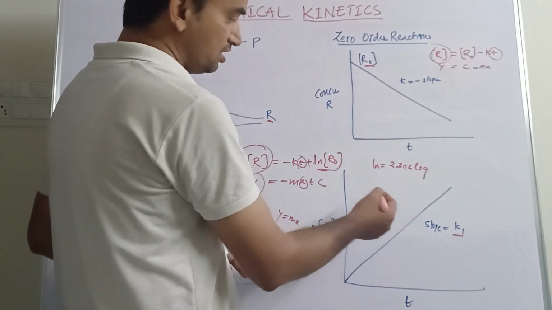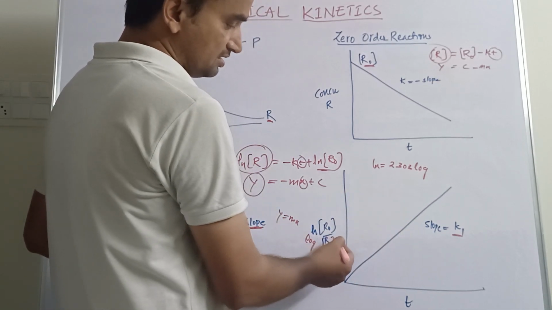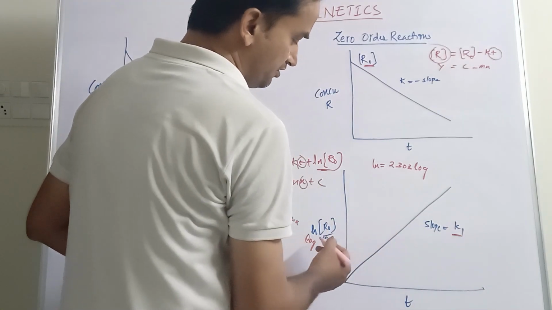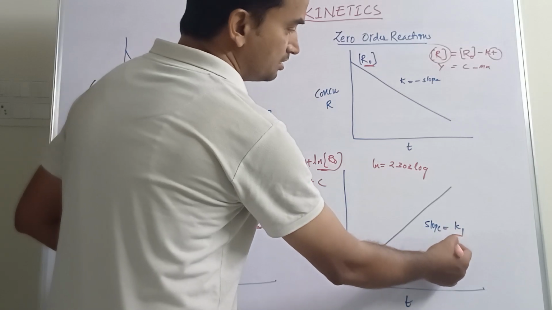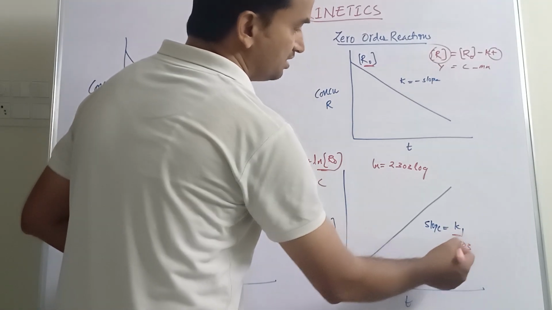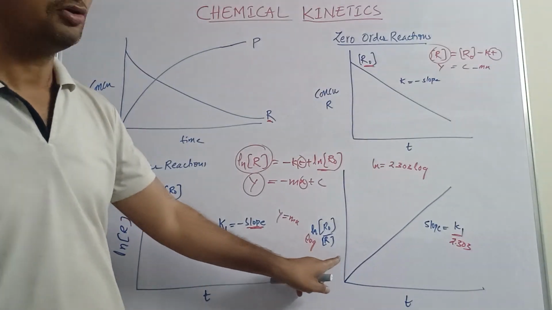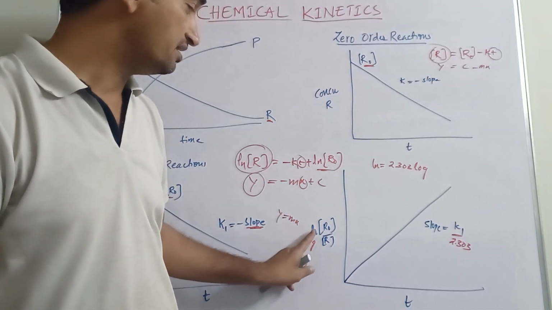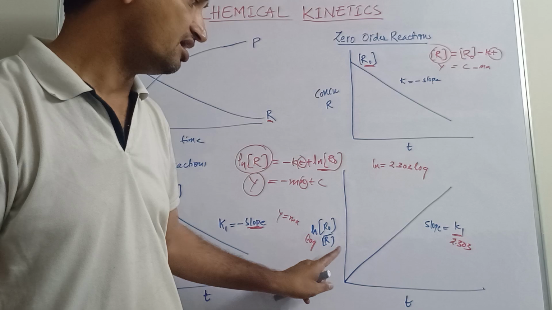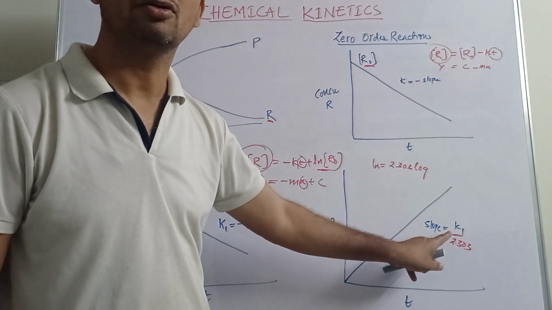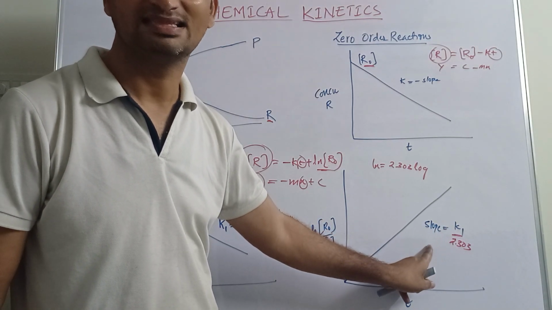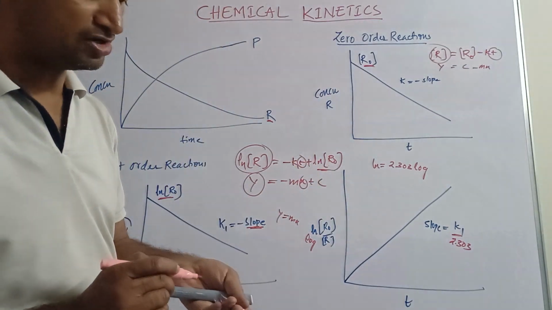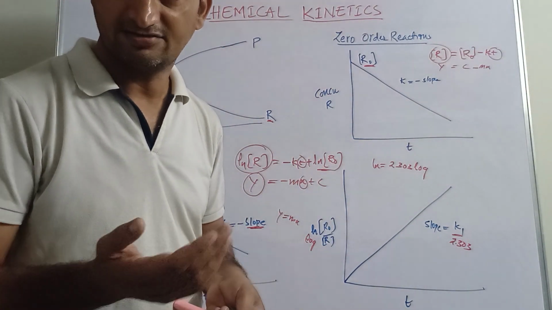Now if that is the case, if we are saying log, we are going to get the slope value as k1 by 2.303. When instead of ln, they give log R naught by R versus time, for the slope we are going to get k1 by 2.303. Okay, so this is the possible third graph from first order reaction.